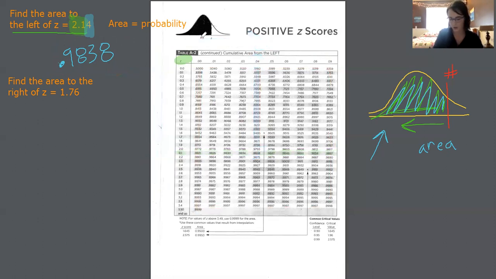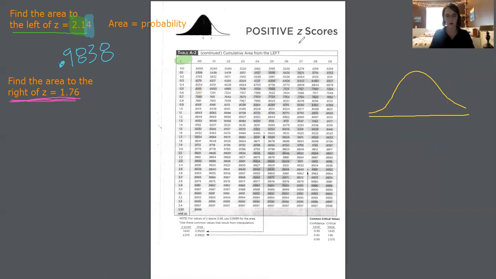So now let's try another one. Let's do this second one I have here. Find the area to the right of z equals 1.76. Let's think about this for a minute. Think about what the table requires and what it gives us, and think of one issue we might run into here.